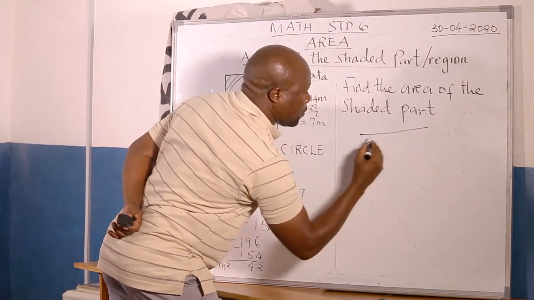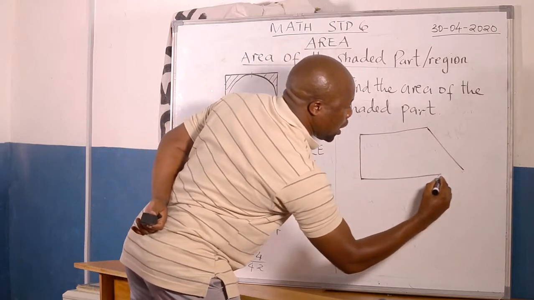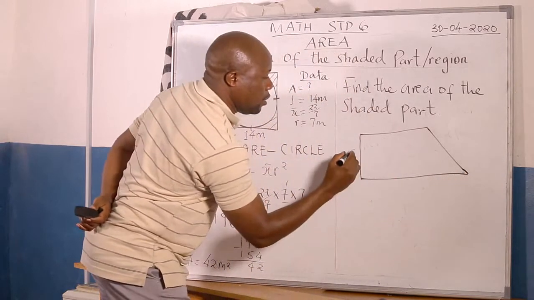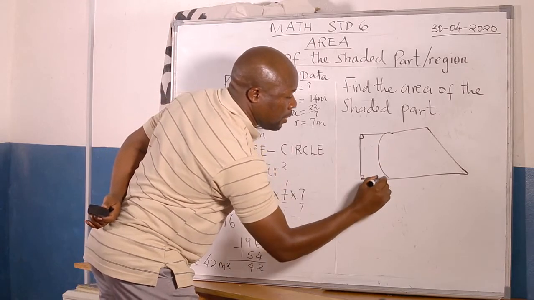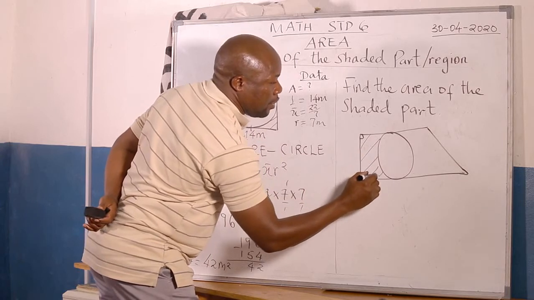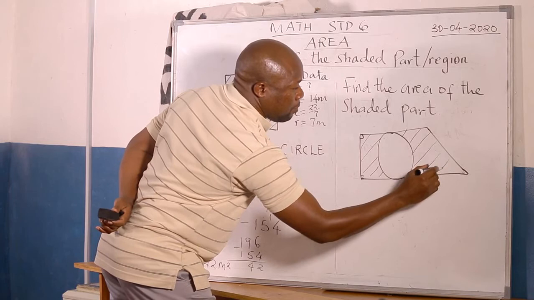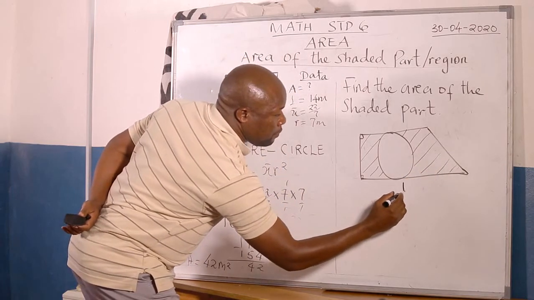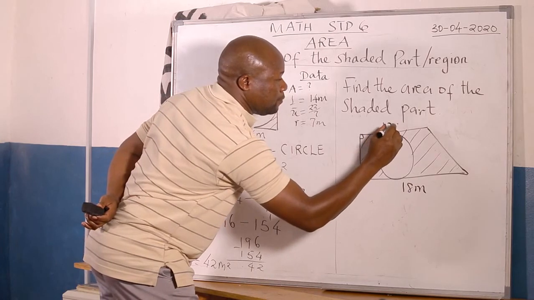The figure is there. Try the much you can to follow the example you have been given, to find the area of the shaded part from this figure alongside.